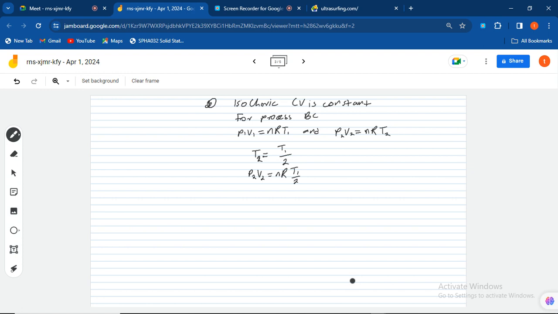And then we'll say 2 P2 V2 equal to N R T1.